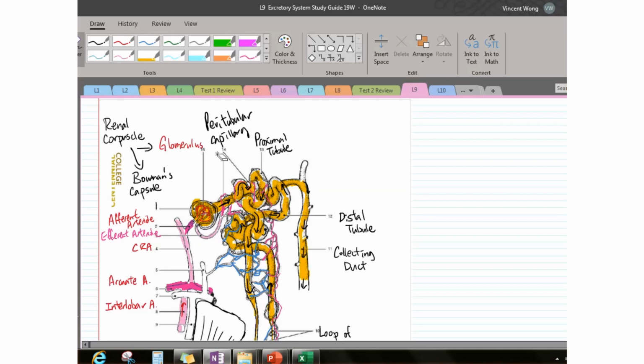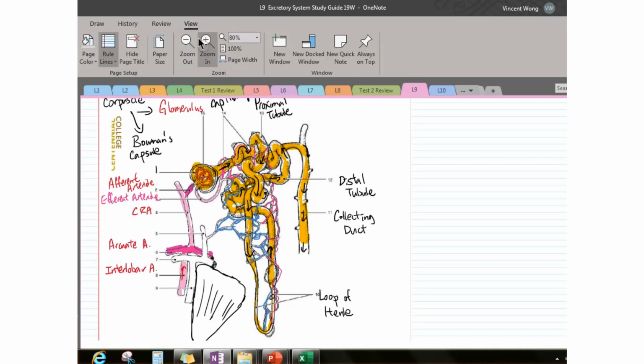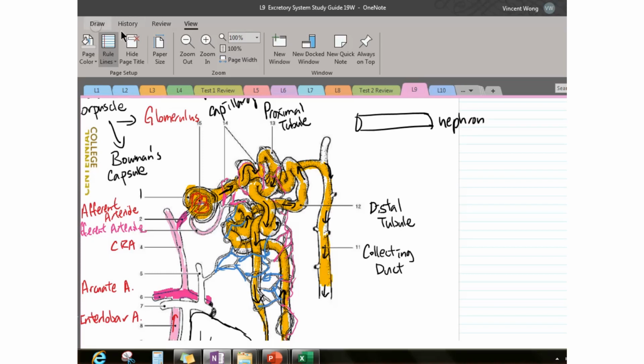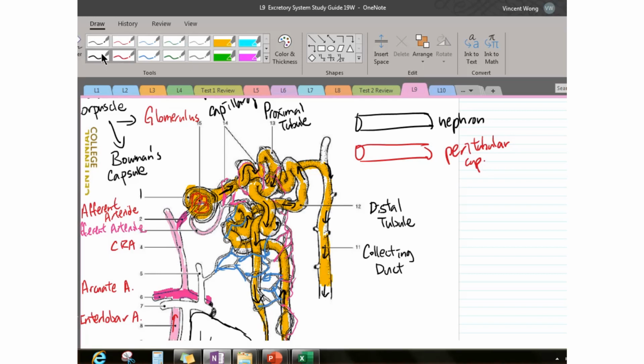So basically, it's a network of capillaries that is always going to be next to your nephron. To give you a preview of what's going to be happening: you're going to have your nephron here, and next to it, you're going to have your peritubular capillary. In the nephron we have the filtrate, and in the peritubular capillary we have the blood.